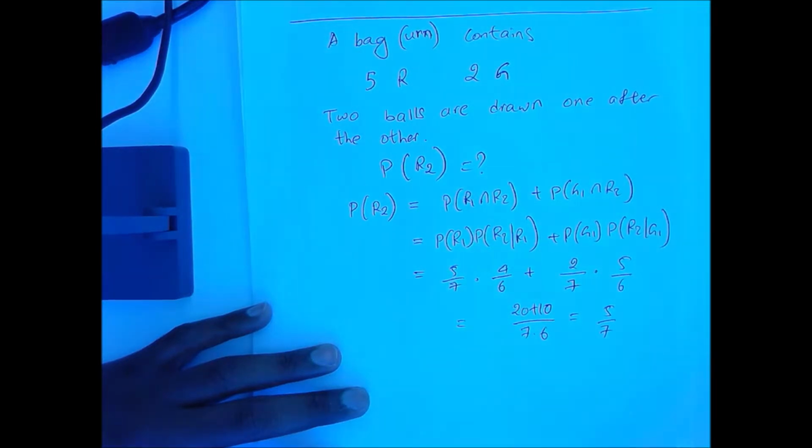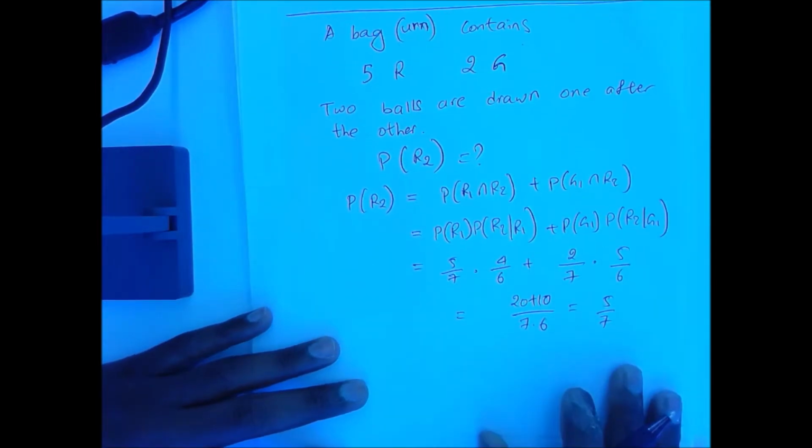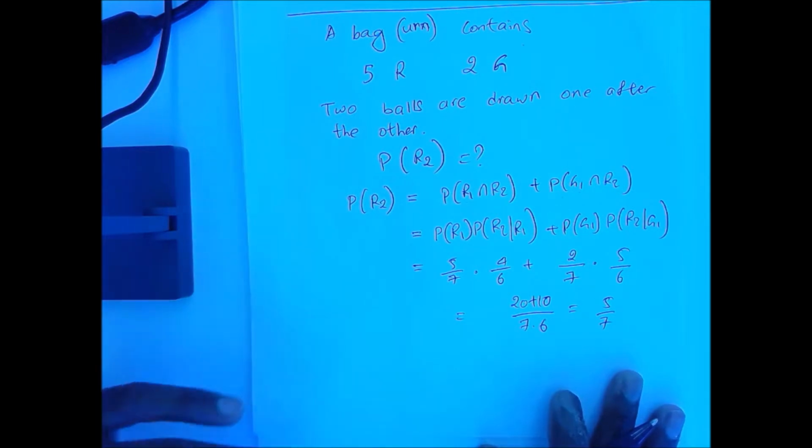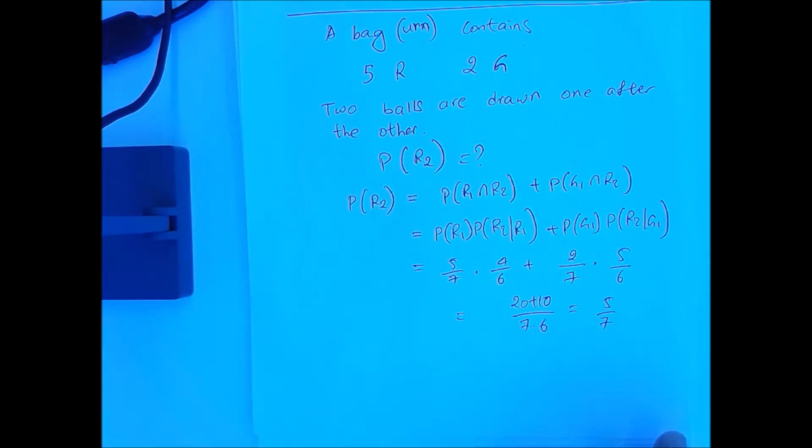Now here's another argument which can get you the same thing, but it's somewhat subtle. Let me ask you this question: if you identify each ball with its own name, is every ball equally likely to be picked as a second ball?